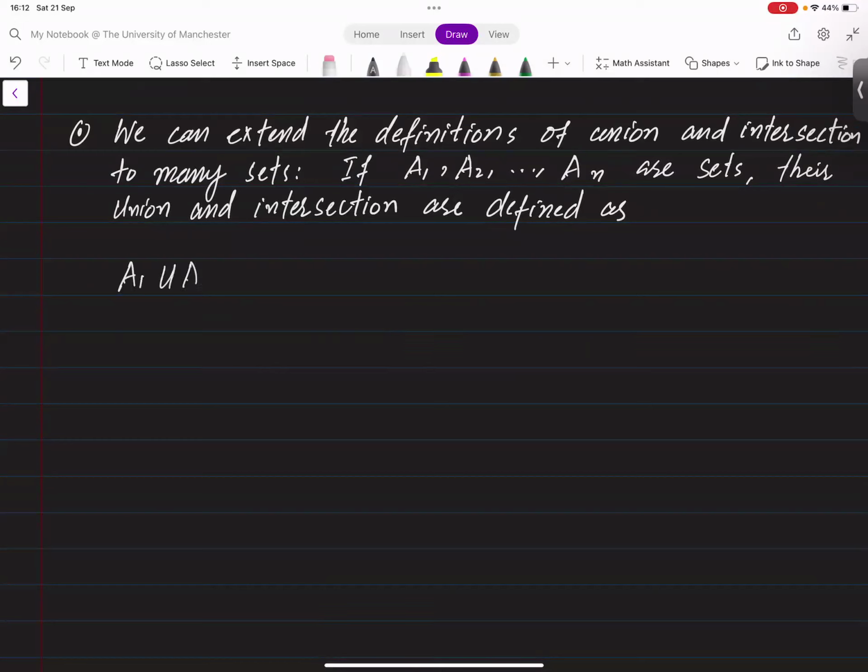A1 union A2 union up to AN is a set which consists of elements X, where X is coming from any Ai, for some i.